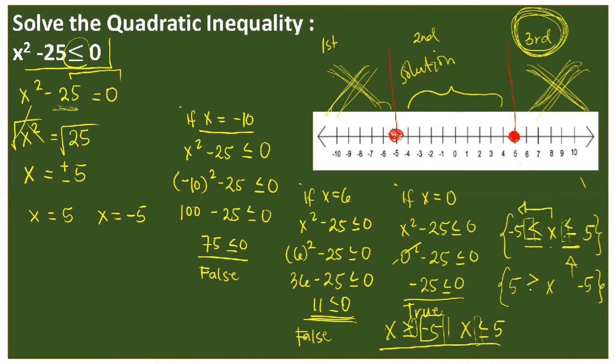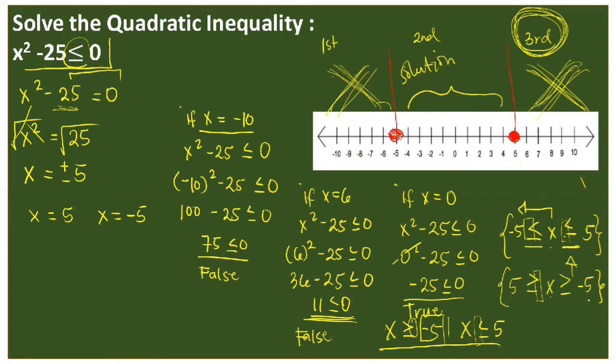So 5 must be greater than or equal to x, and then x must be greater than or equal to negative 5. If we observe, our inequality points at x rather than at positive 5. And same with the other one.